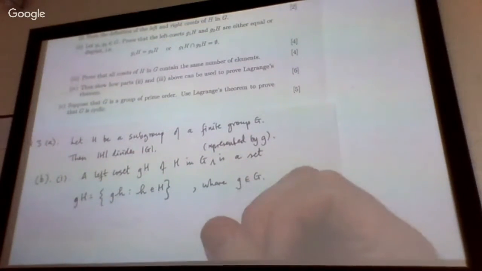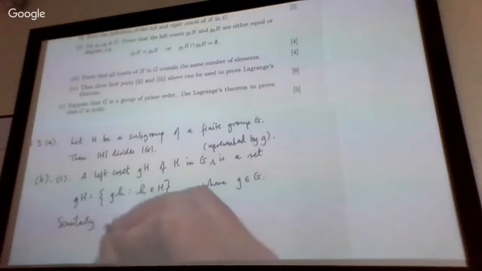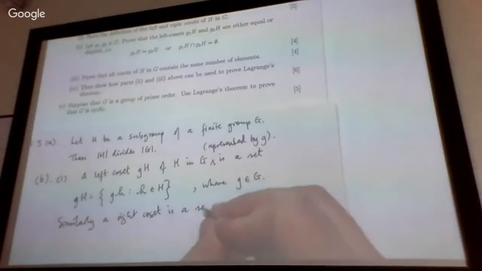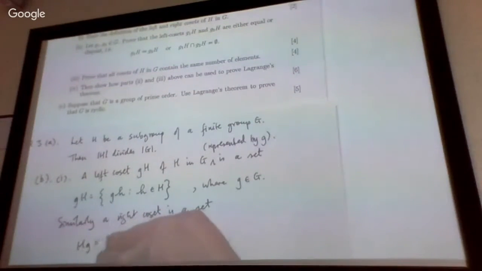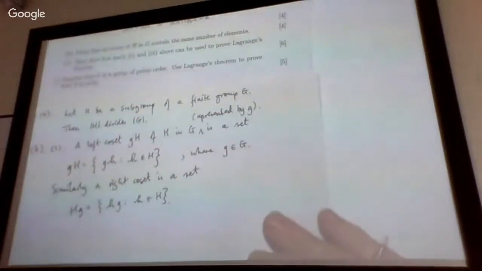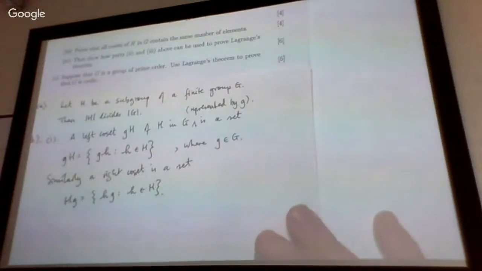Then a right coset, similarly. A right coset Hg is a set which consists of all products hg, as h ranges over H. In abelian groups the distinction isn't there, they're the same. But in non-abelian groups these could well be different, and typically would be different.